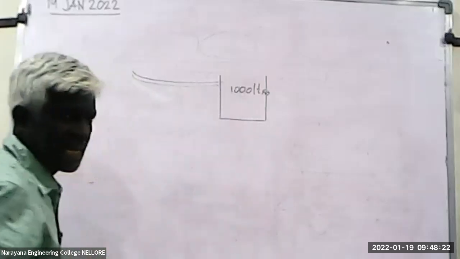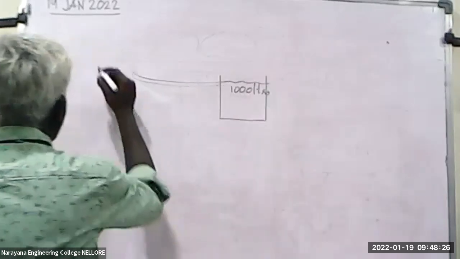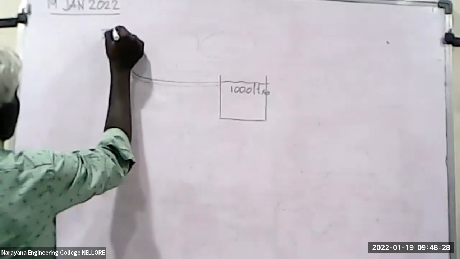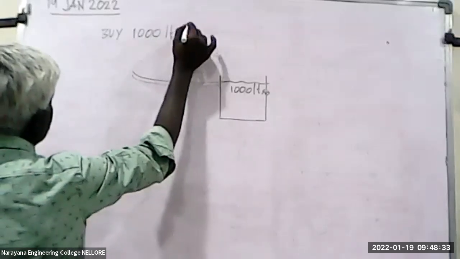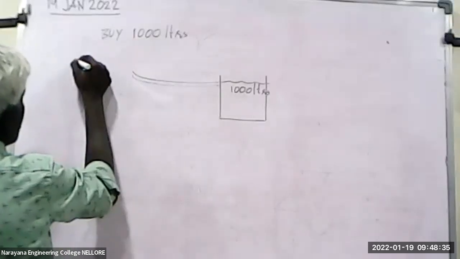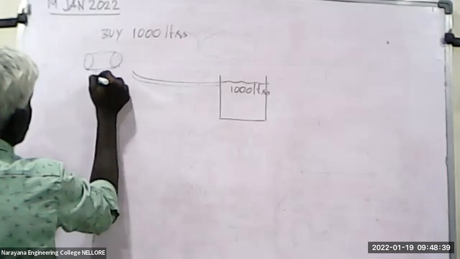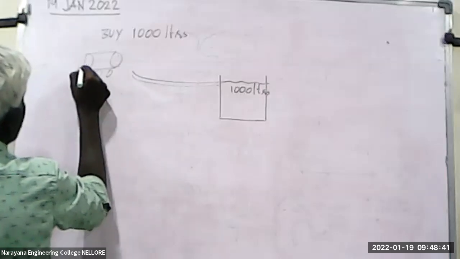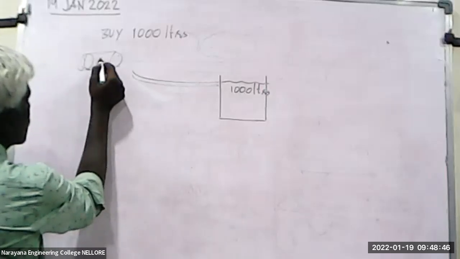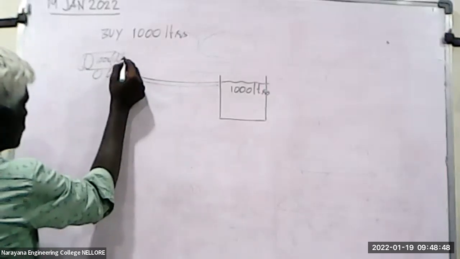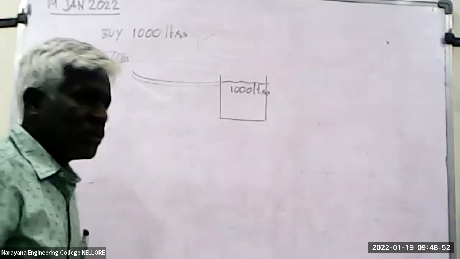You have water scarcity, so you have to buy 1000 liters of water, for example. So a tanker lorry comes, I didn't draw that properly. This tanker lorry is carrying 1000 liters, and your tank capacity is also 1000.